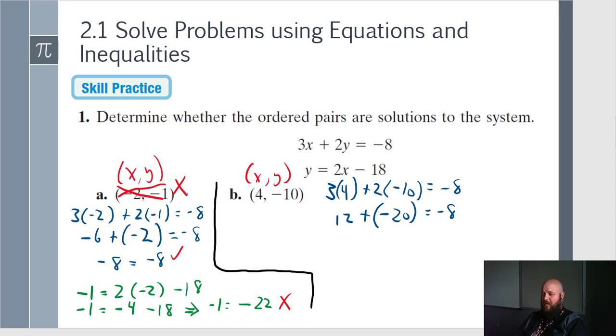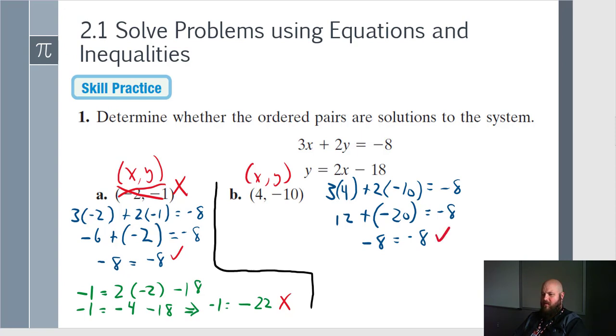Well, your friend gives you 12 bucks. How much do you still not have in the bank? You still don't have $8. So you still are -8, and that equals our -8. Okay, so this first equation works out with that data point.